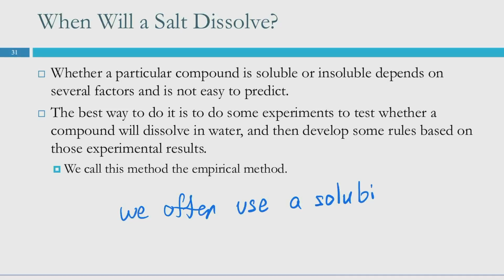So we will often use a solubility table. There are a couple of ions that will almost always be soluble or almost never be soluble, and some of those you may have to learn. For your solubility table, though, we've got them on one of the sides of your green sheet.